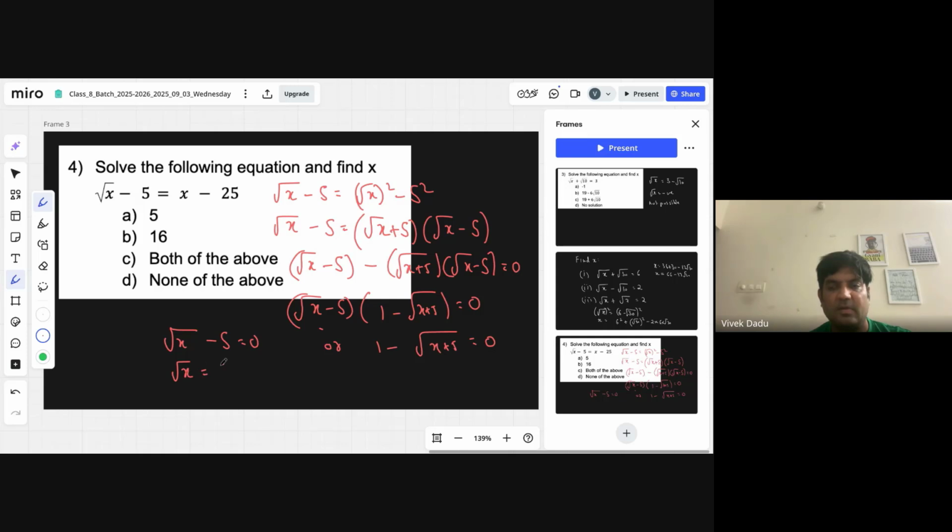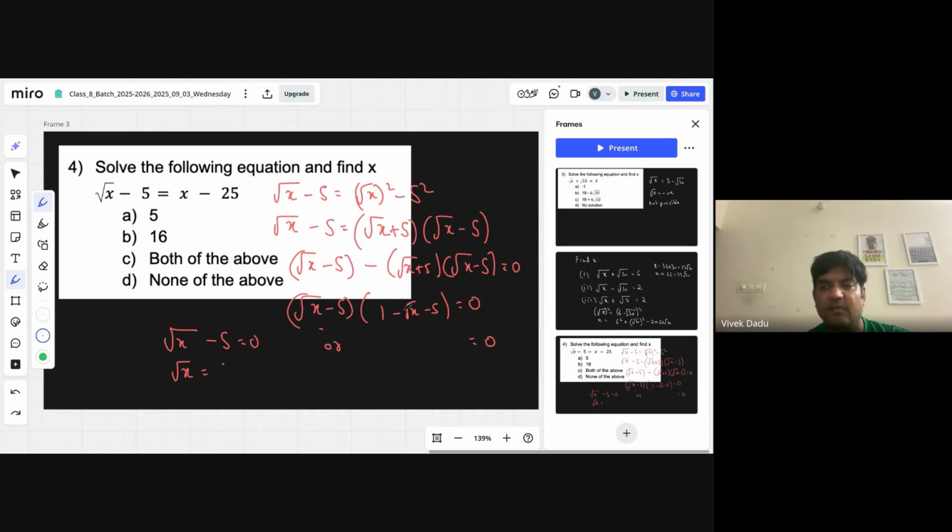Why is the root over x and always root x plus 5? Oh, sorry. I copied it like that. So it will be 1 minus root x minus 5. I took root x minus 5 common, right?